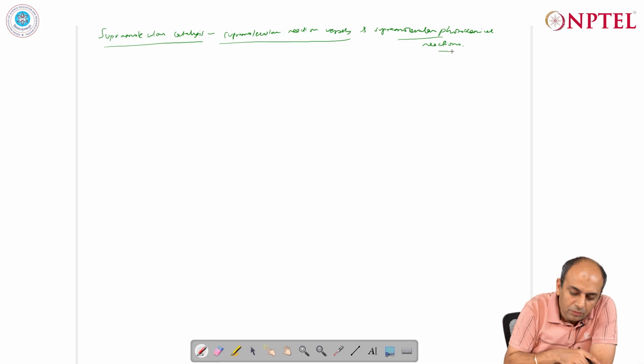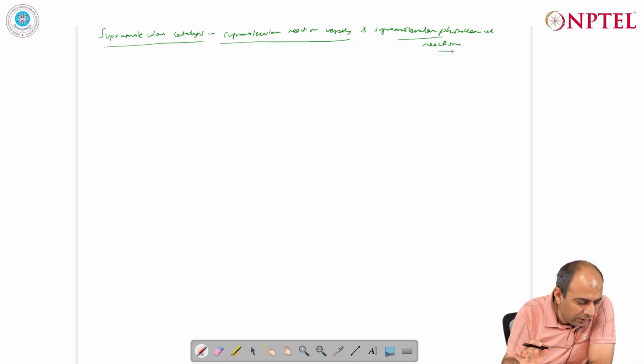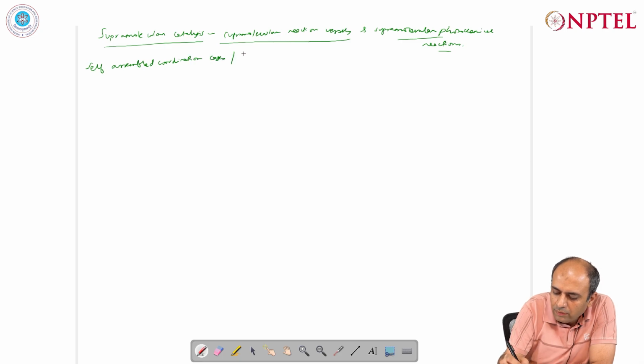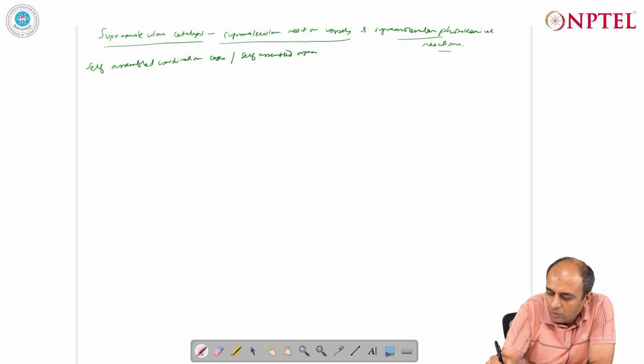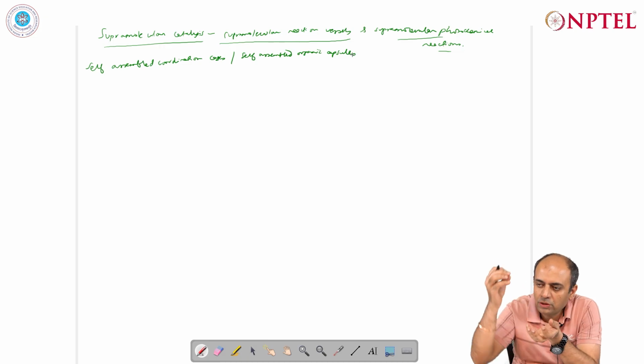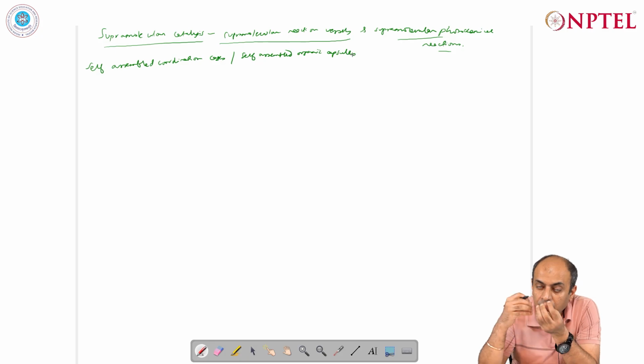So, with this background in mind, we would like to now suggest that we can now take either self-assembled coordination cages, or we can take also self-assembled organic capsules which are actually held by non-covalent interactions, and they form a molecular barrel like structure into which we can now put these reactants and perform the reaction.